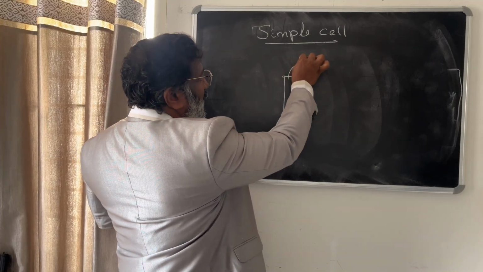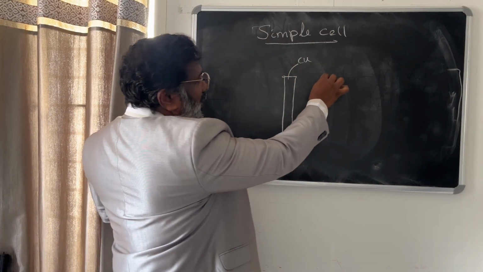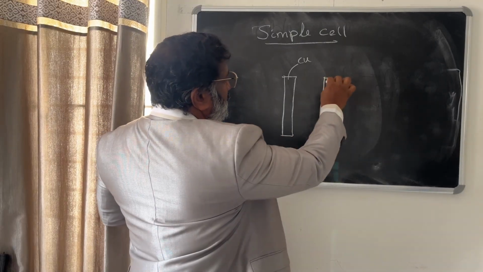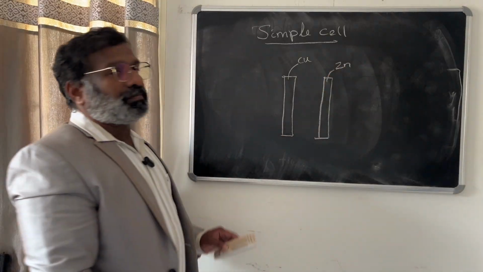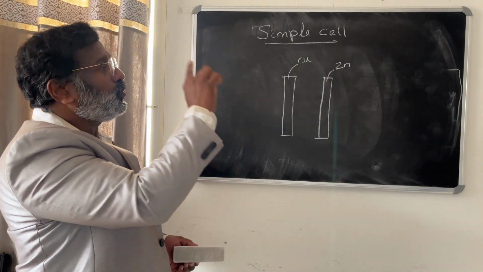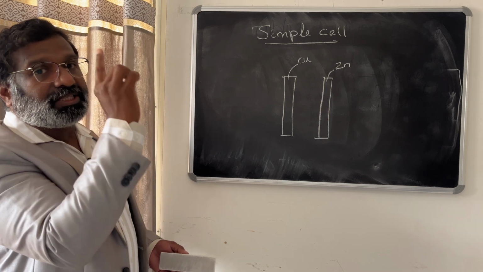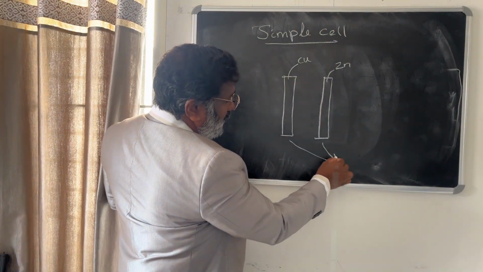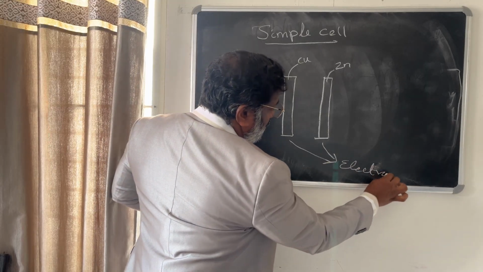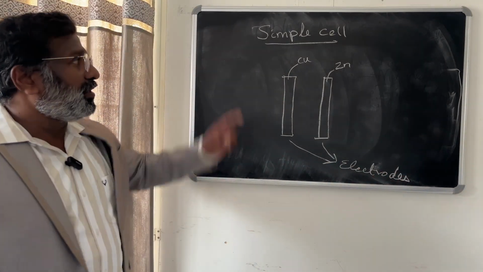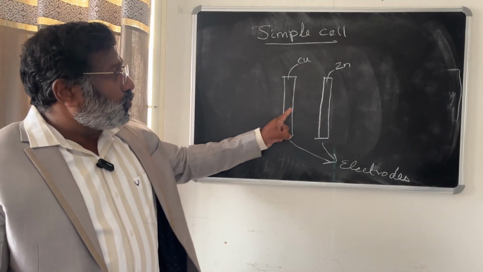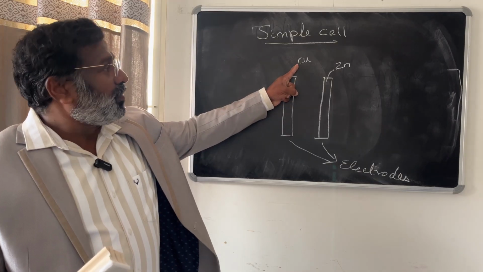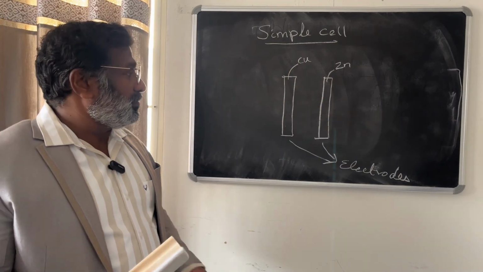One metal plate is made of copper and the other metal plate is made of zinc.